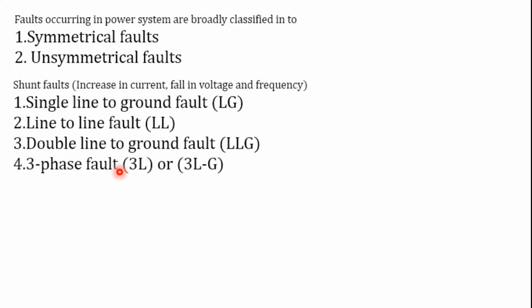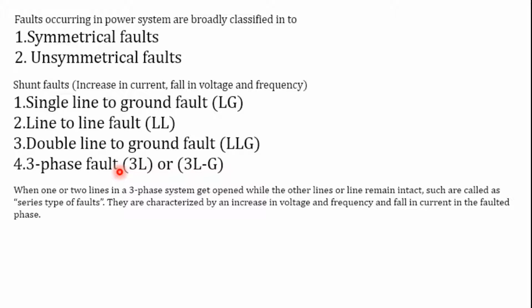Other than the shunt type fault, we have the series type fault. That is nothing but when one or two lines in a three phase get open while the other line or lines remain intact, called a series type of fault. They are characterized by increasing voltage and frequency, and a reduction in the current in the faulted phase.